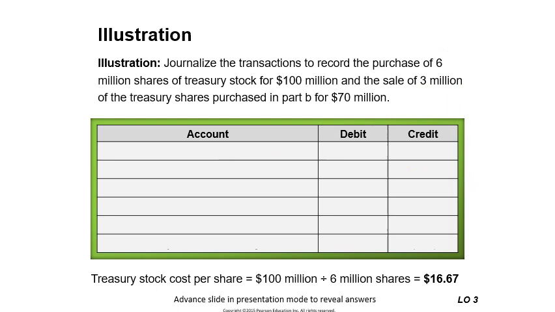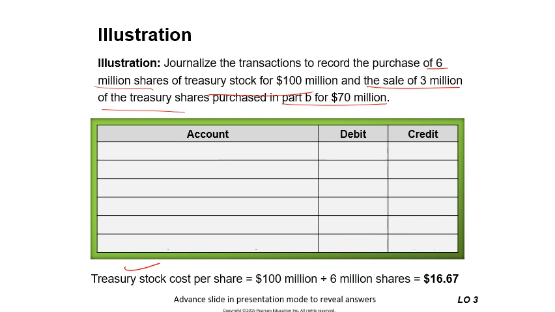Now generalize the transaction of purchasing 6 million shares of treasury stock for 100 million and the sale of 3 million treasury stock for 70 million. So what is the entry? You see how much is the cost per treasury share?